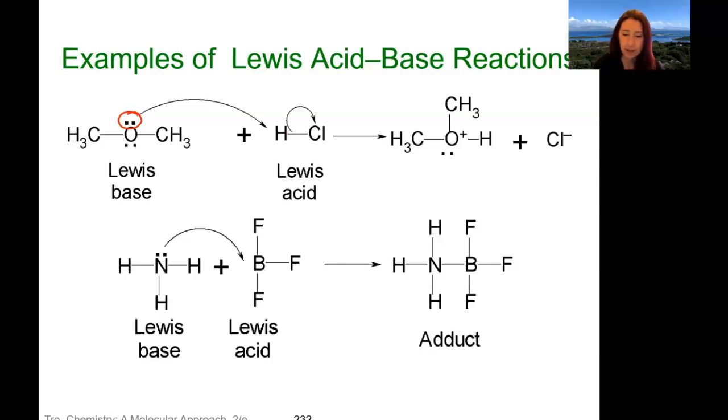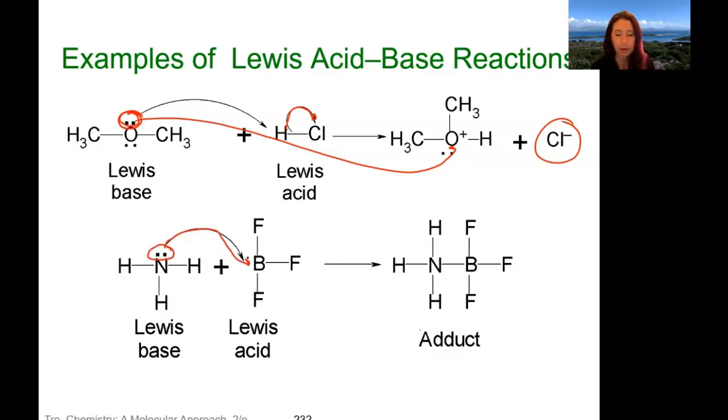And so you can see here, this transfers here, and then this O is now over there, and then Cl gets kicked off. When you take organic chemistry, you're going to do a lot of these mechanisms, but right now, not so many. Here's what I just showed you before. Here's that lone pair, and boron is going to accept that lone pair, and that is called, again, an adduct.